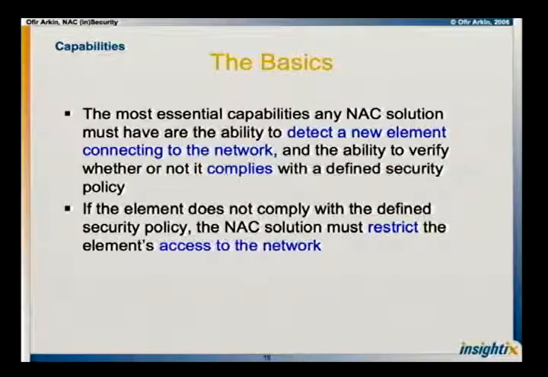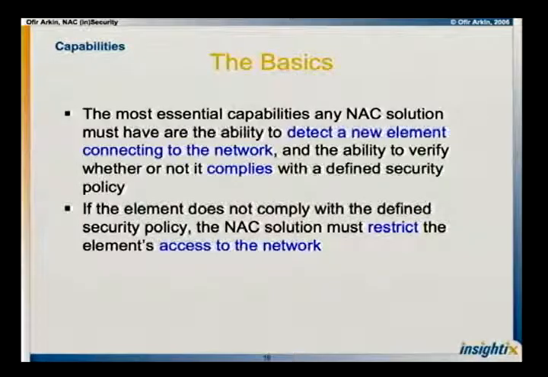At a glance, the basics for a network access control solution must be the ability to detect a new element that connects to the network, and of course the ability to see if that element complies or not with the security policy that has been set before.